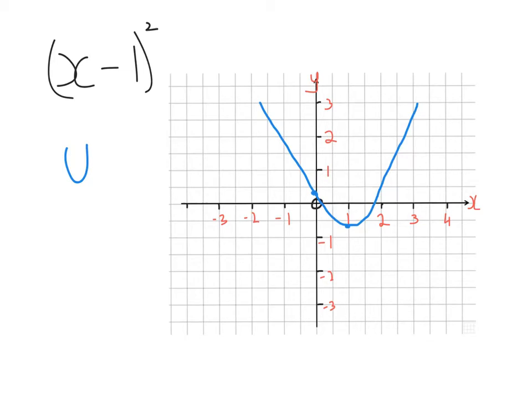The other thing that I know is it's 1 unit away from the origin, so if I want to shift it back, it would be here. And even from thinking if I expand out these brackets here, at the end I'd have x squared minus 2x plus 1. So that 1 there is where it goes through.